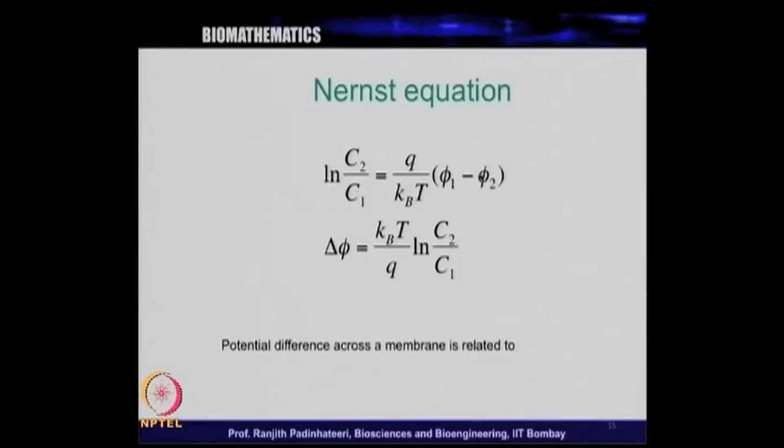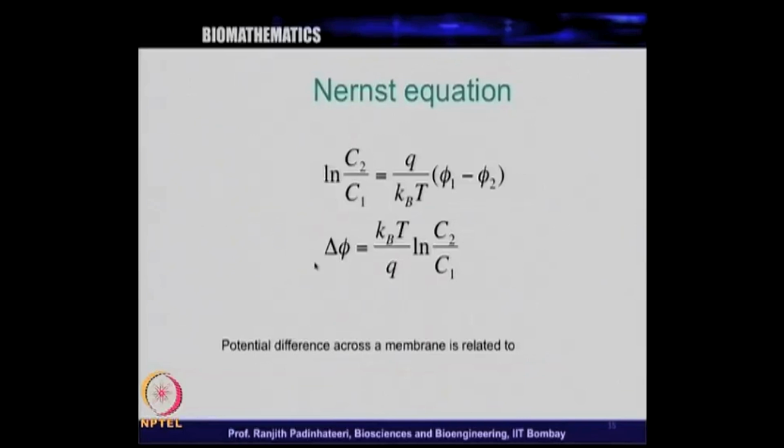If I call phi 1 minus phi 2 as del phi, I can write this particular relation: del phi is KBT by Q into ln C2 by C1. So, this is the Nernst equation.